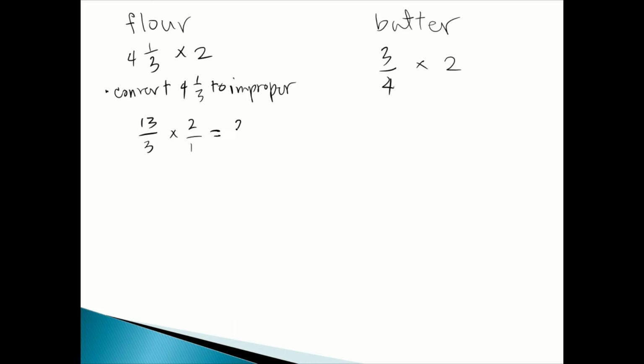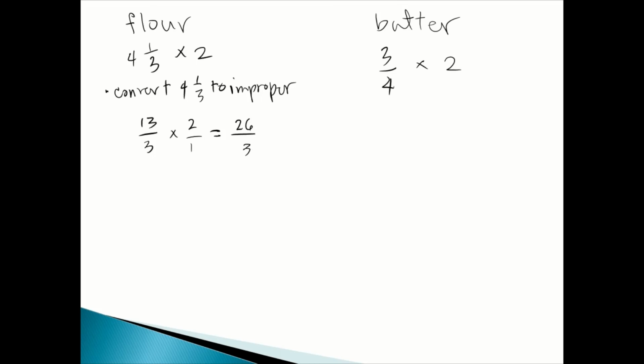13 times 2 is 26/3. So that's for our flour, okay? And do you think it is reducible? 26/3 reducible? What do you think? It is not reducible, which means we are going to express this one as a mixed number.